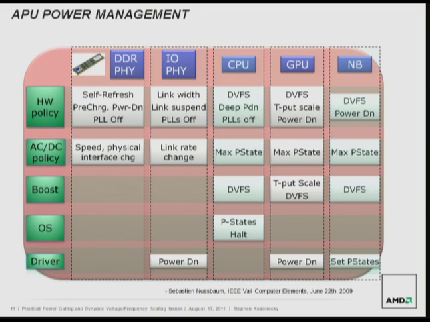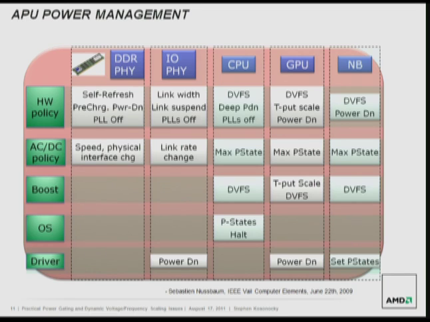So in that sense, this chart shows the APU power management for Llano. And you can see we have a number of policies for the DDR PHY. We have self-refresh. We could pre-charge or power down or turn the PLL off. We could change the speed. We could reconfigure the physical interface, the I/O. We have the link width, link suspend, PLLs off. We could do a link rate change. And then from the driver, we could power these down as well.